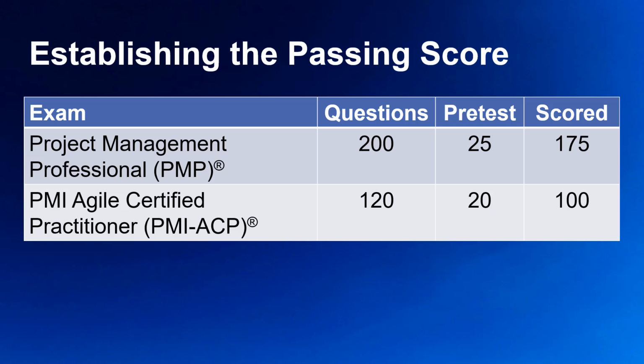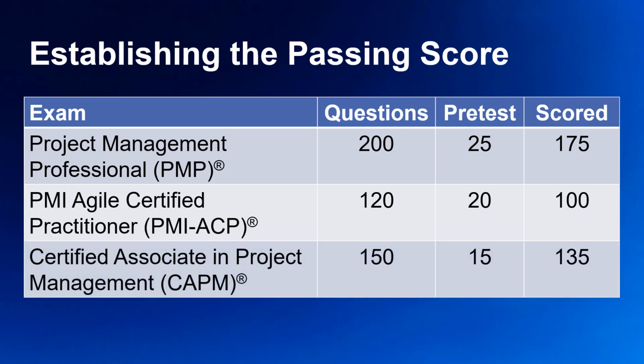This means 100 questions will actually be scored. And for our third example, we look at the CAPM exam. Again, very similar situation, but different numbers. Here you have to answer 150 multiple choice questions, and because there are 15 pre-test questions randomly placed in your exam, that leaves 135 questions that will actually count towards your final score.